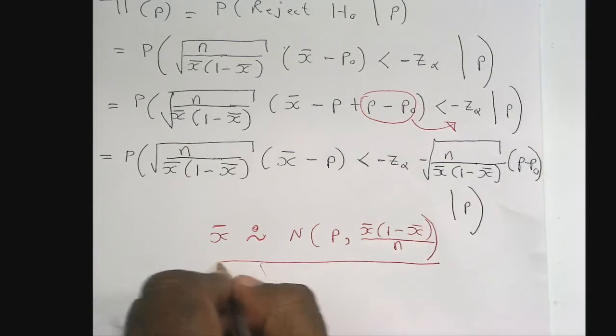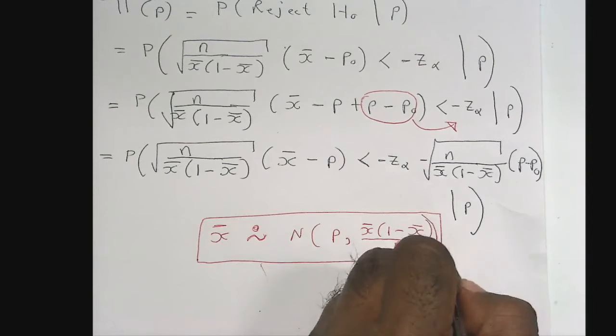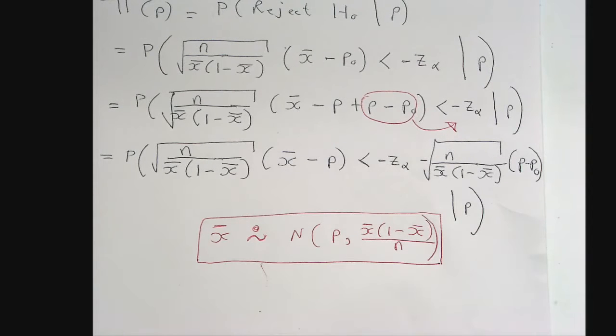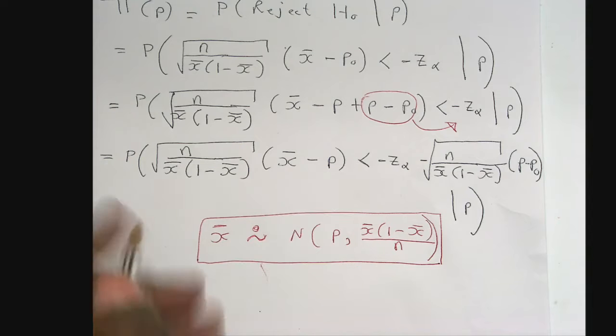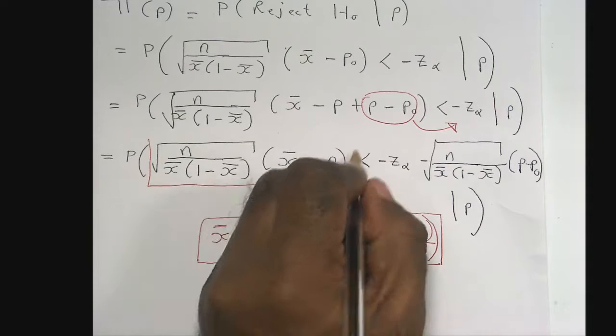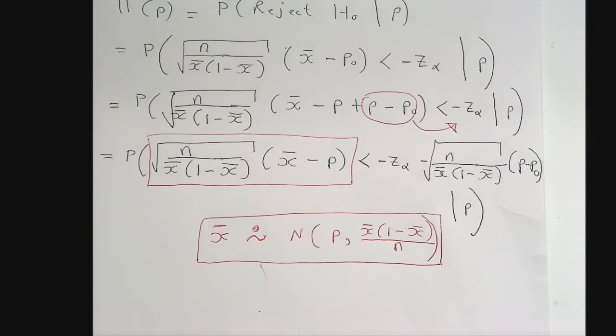So I'm going to use this approximation to argue that this one here has an approximate standard normal distribution. If this is true, although this is never exactly true, this is only an approximation.